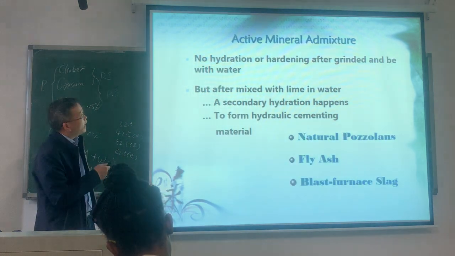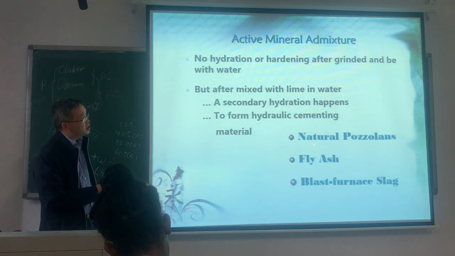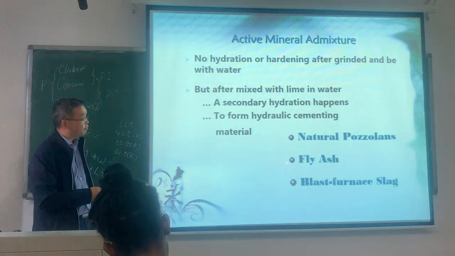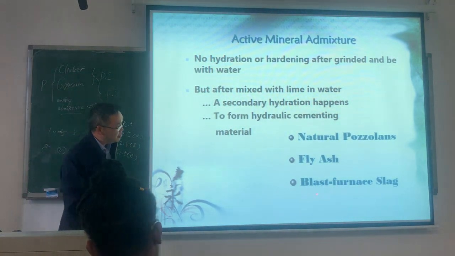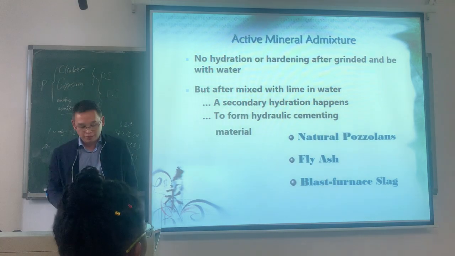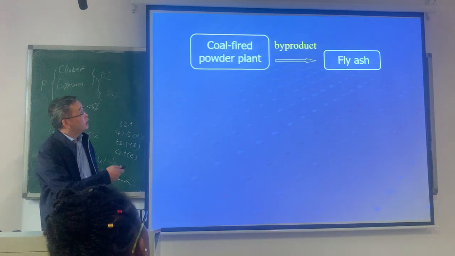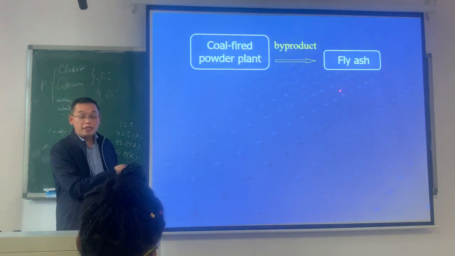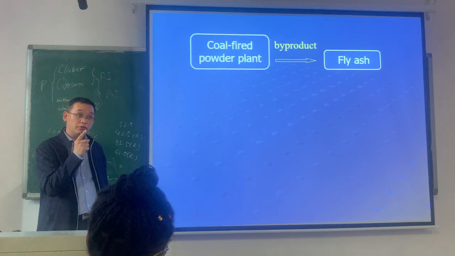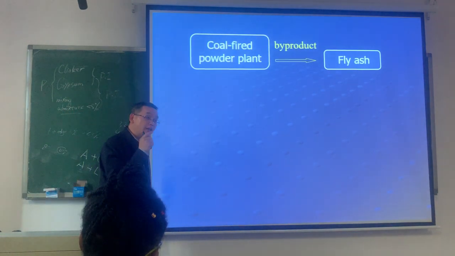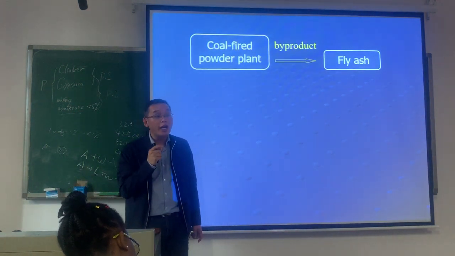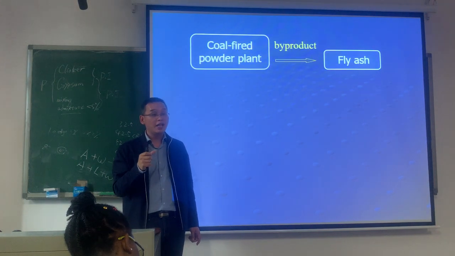What kind of active mineral admixture? Such as natural pozzolans, such as the fly ash, such as the granulated slag. The fly ash is a very, very useful and important mineral admixture for the cement and concrete.